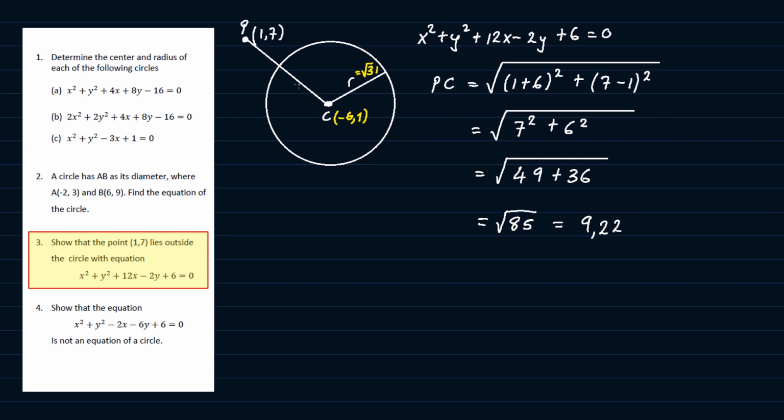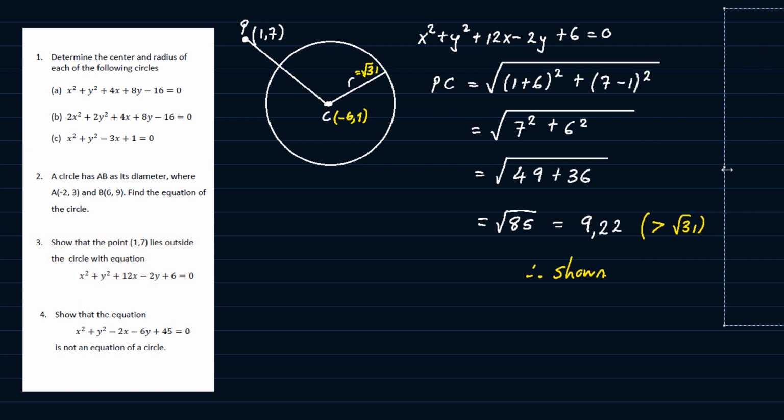If it were lying inside, then PC would have been less than the square root of 31. But since the length of the line PC is greater than the radius, we can therefore say it's shown. And that's how we answer this question.